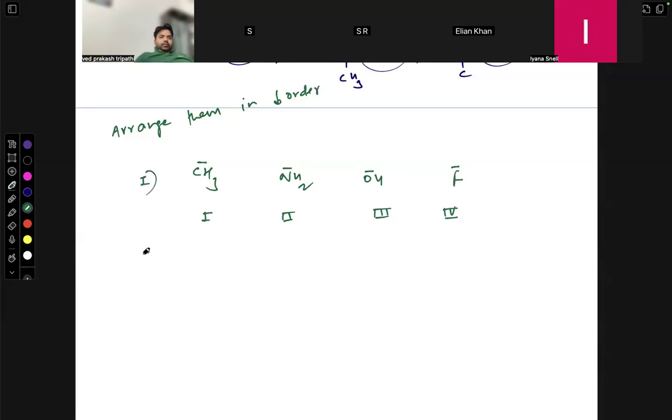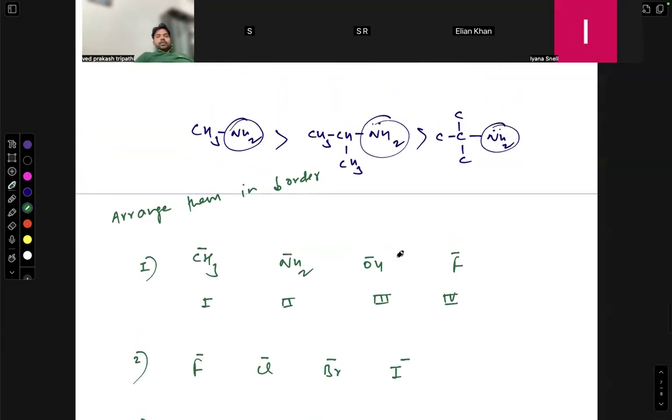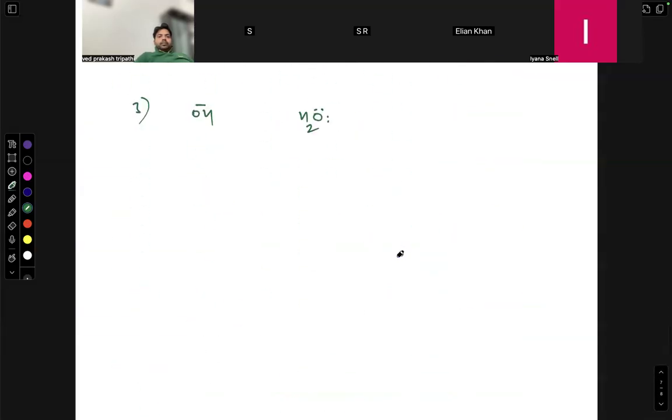The first one, and one more thing, note this point: if you have the same donor atom, then a negative charge is a better nucleophile than a lone pair.